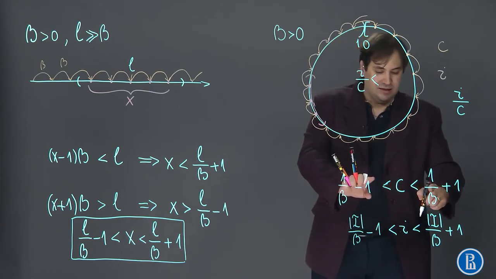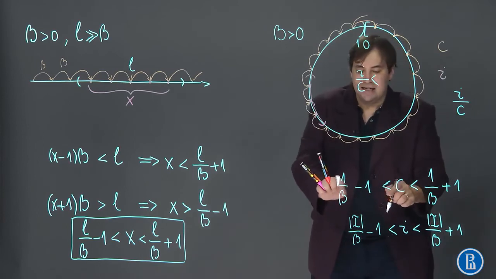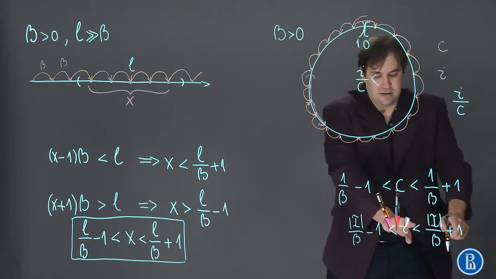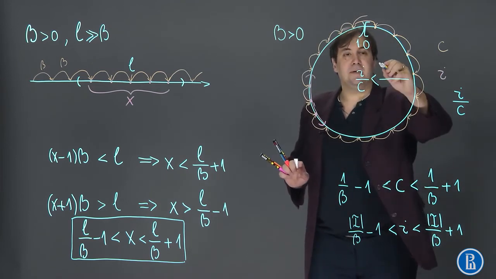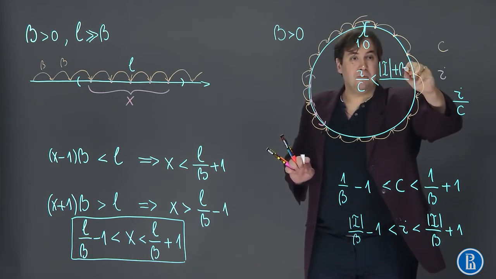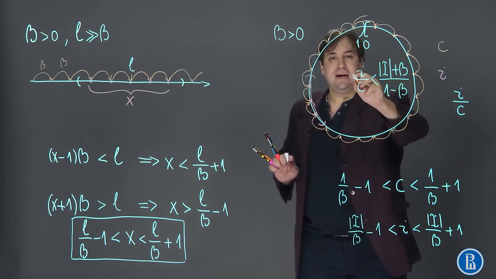So since I is less than this expression here and C is greater than this expression here, we need to divide this by this. So we will get obviously the length of the interval plus beta over 1 minus beta.